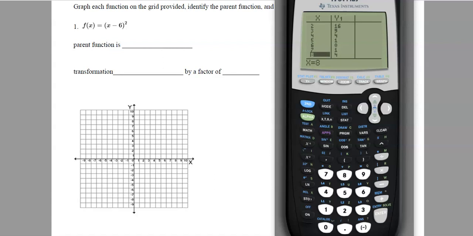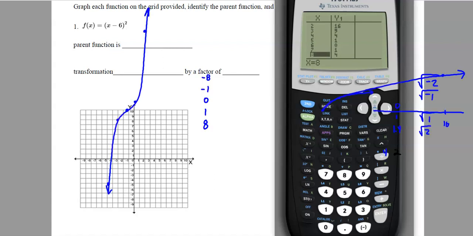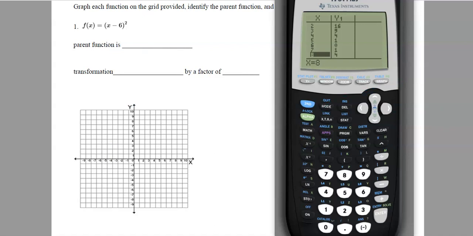So the first one I can really fit on my grid is x is 3, y is 9, so that's on there. 4 over 4 up 4, over 5 up 1, over 6, 0, 7 is 1, 8 is 4, and I could scroll down, but I know this parabola is going to be symmetrical, so I can figure out where that last point is. And now we just smooth it out.